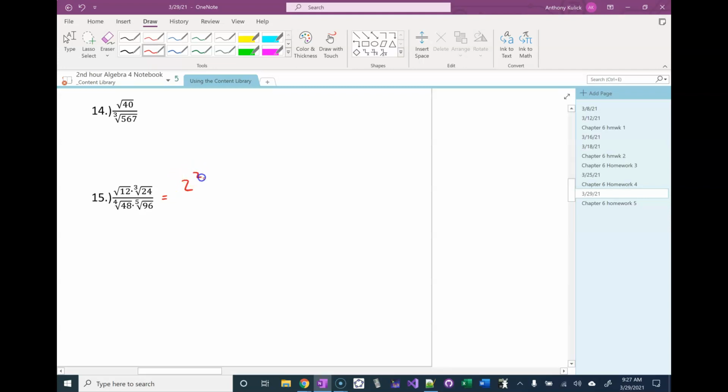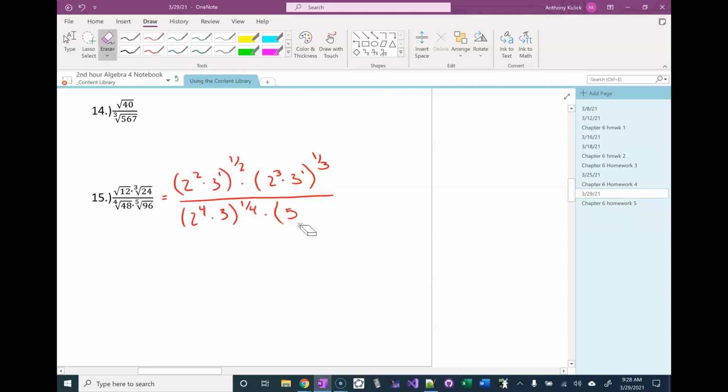So I have 2 squared times 3 to the 1/2. And then 2 to the third times 3 to the first to the 1/3 over 2 to the 4th times 3 to the 1/4. And then I have 2 to the 5th times 3 to the 1/5.